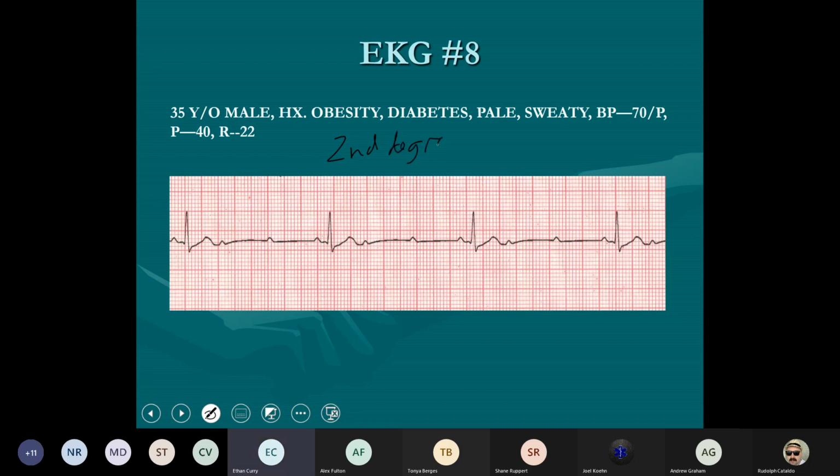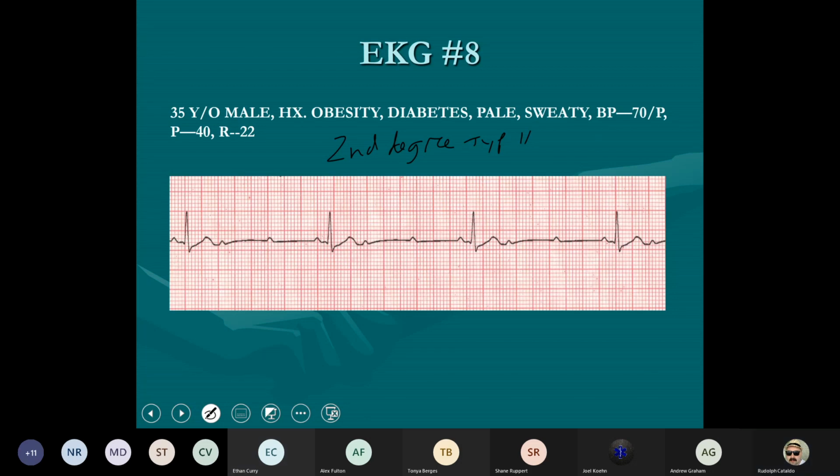Would that be a type 2 Mobitz? I would agree. Why do you say that? Got more P's than Q's. Yeah. And what's his PR interval when there are complexes there? Short, normal. Yeah, normal, right? We don't have a longer drop. We don't have a long PR interval. We just have more P's than Q's. I'd say that's a 2nd-degree type 2.